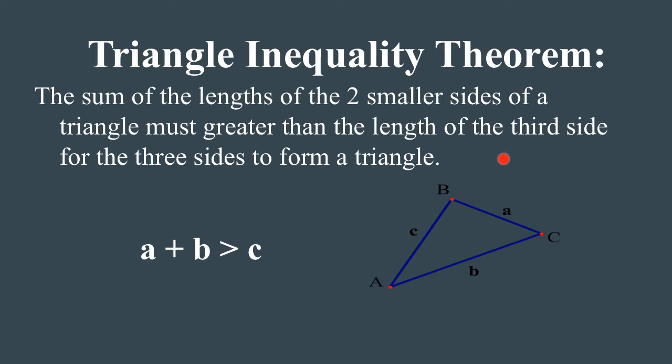So if we're looking at A, B, and C, and I know in this one it may appear like B is not the smallest side, but that's okay. We're just going to go with it. We define that A plus B has to be greater than C. The two small sides together have to be greater than the longest side.